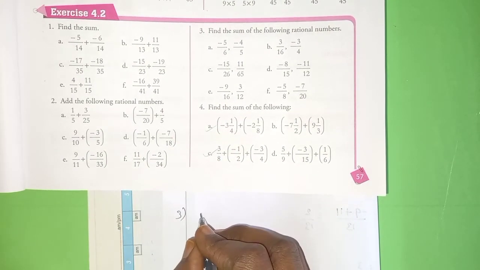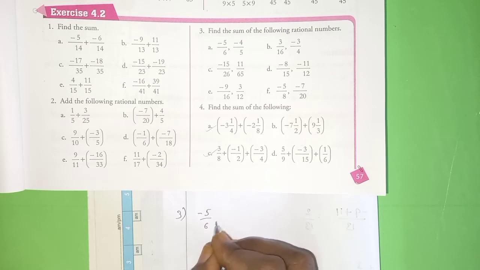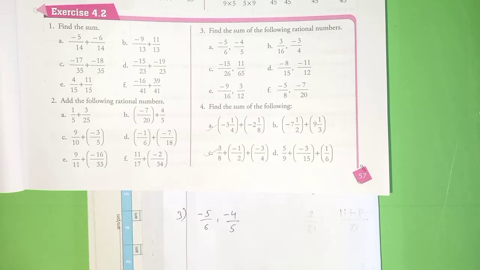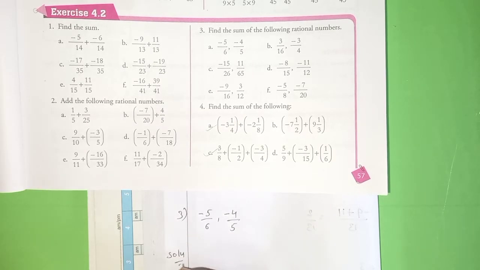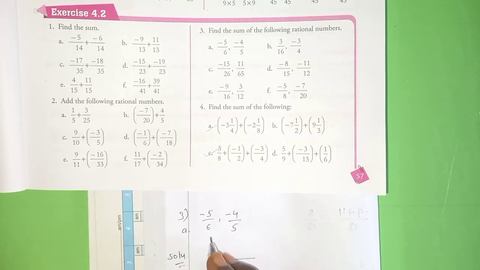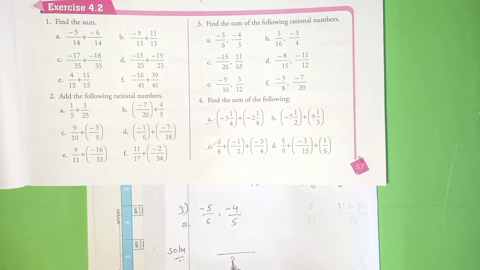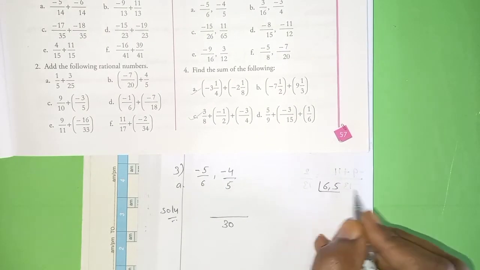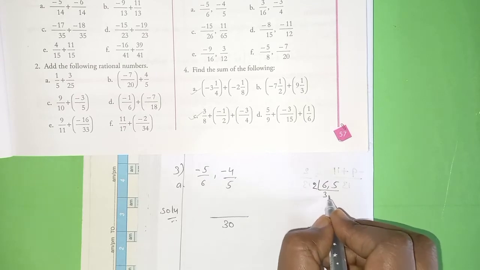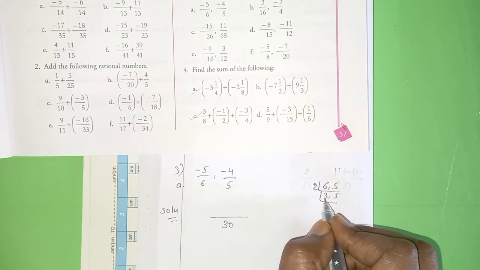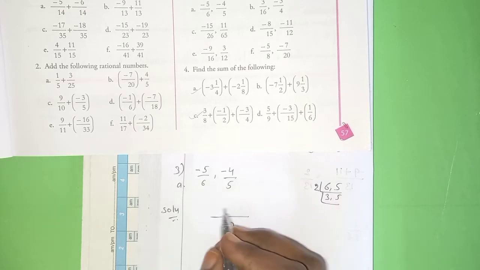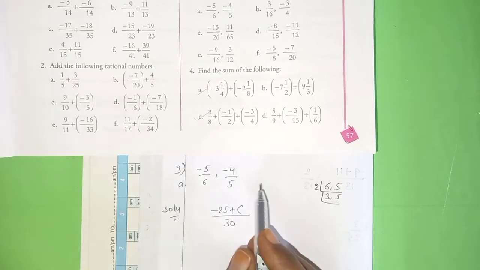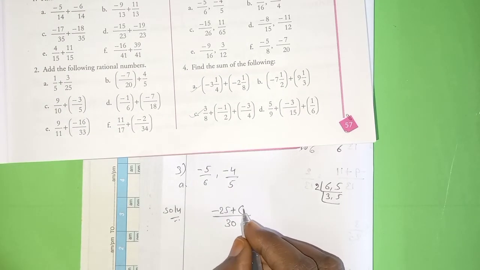Here the denominators are different, so let us do it by taking the LCM. LCM of 6 and 5 is 30. If you don't know, do it here on the right side of the page. 2 threes are 6, 6 fives are 30. 5 fives are 25 plus 6 fours are 24.